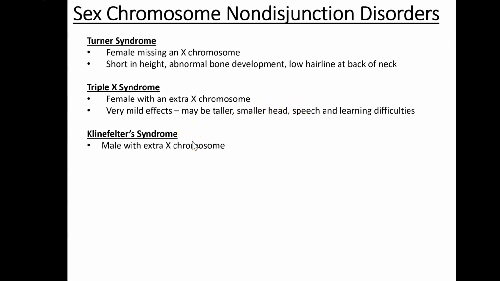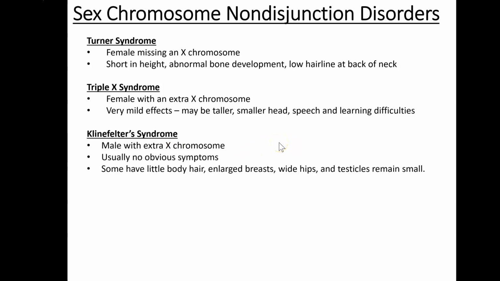And then there's Klinefelter syndrome. This is within a male, and the male has an extra X chromosome, so he's not just XY, he's XXY. Usually there are no obvious symptoms or signs of someone who has Klinefelter's.